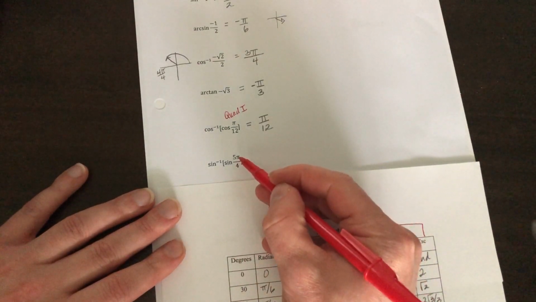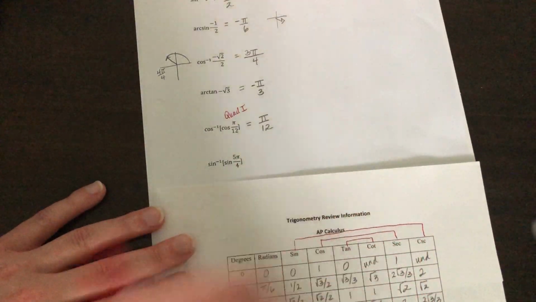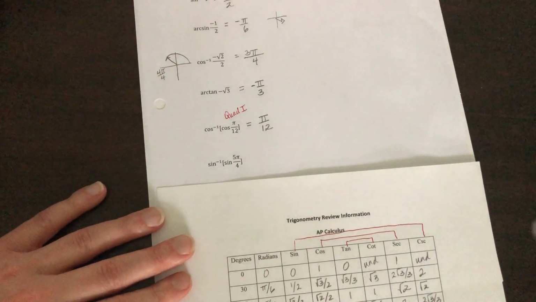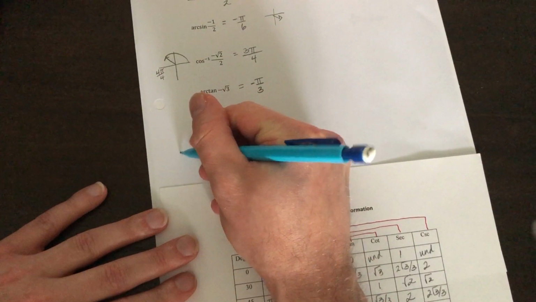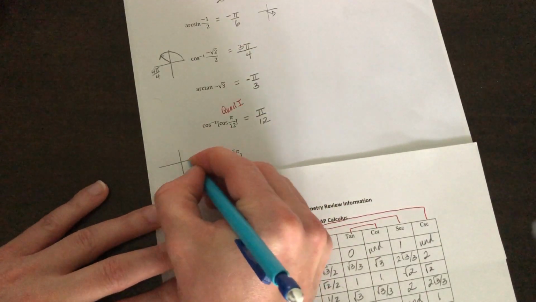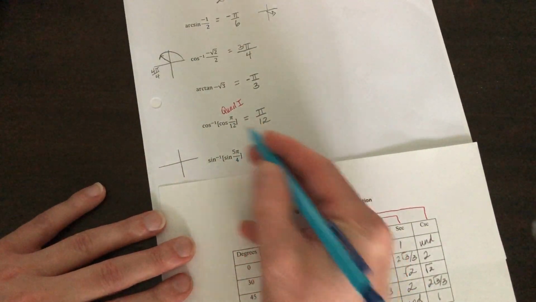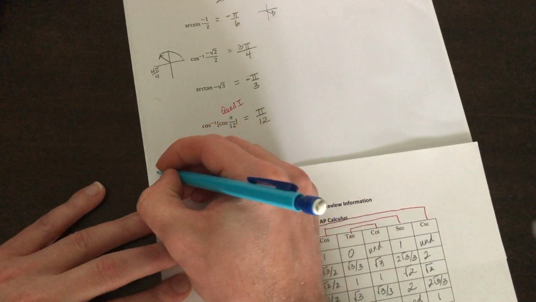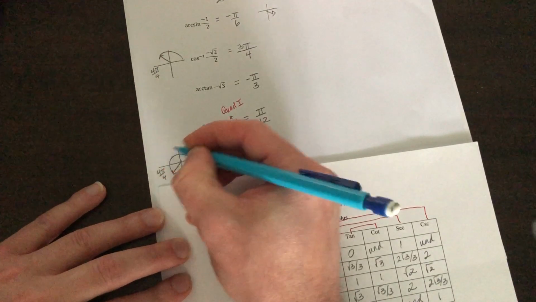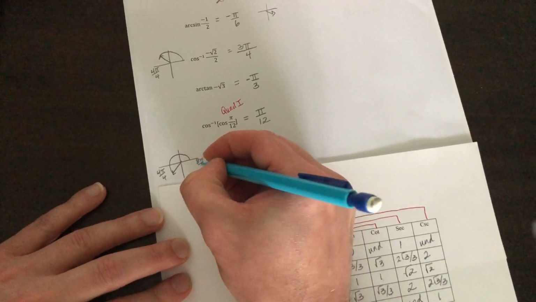Inverse sine of sine of 5 pi over 4. We can evaluate the inside pretty easily because we know how to use our trig chart. If I draw this out, 5 pi over 4 is going to land us in quadrant 3, because this is 4 pi over 4 and this would be 8 pi over 4 on this side.